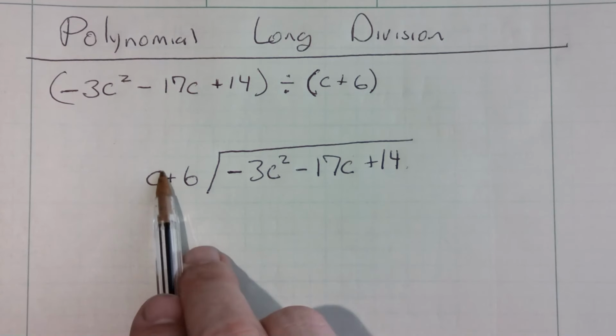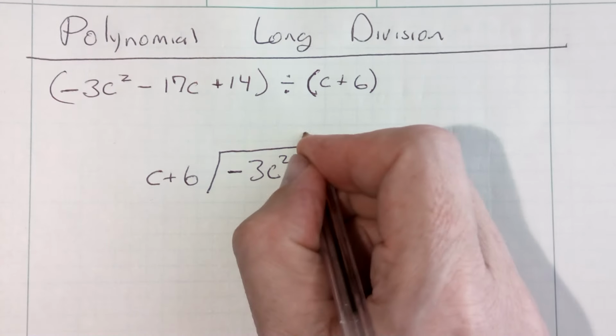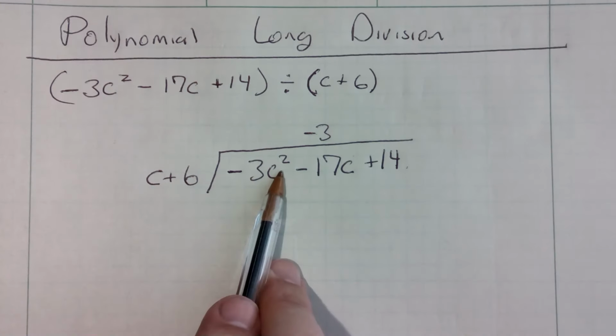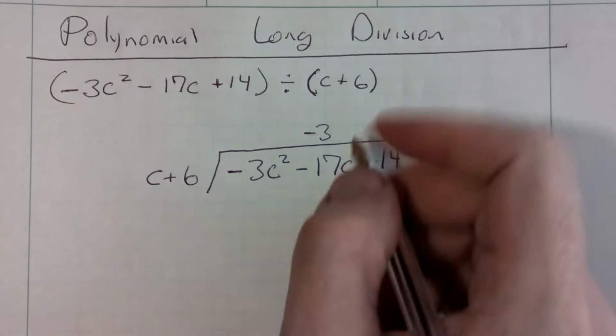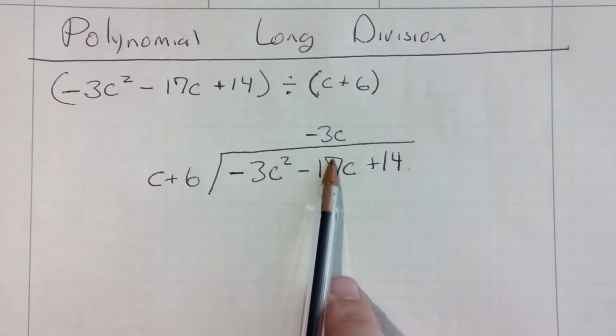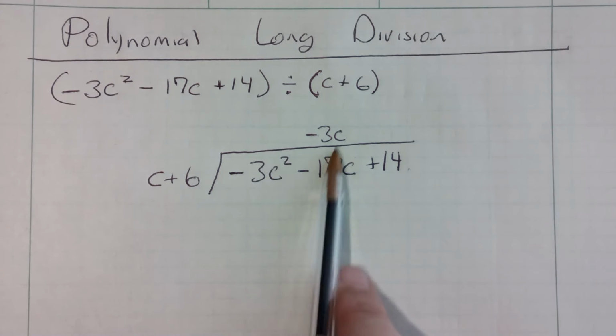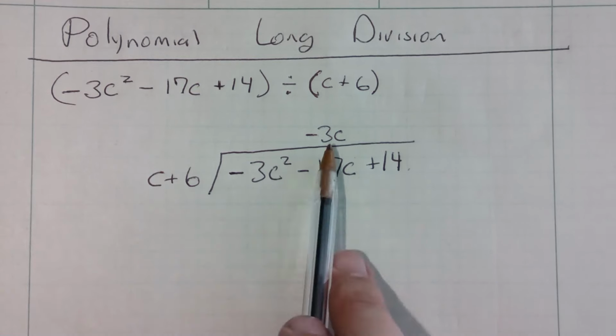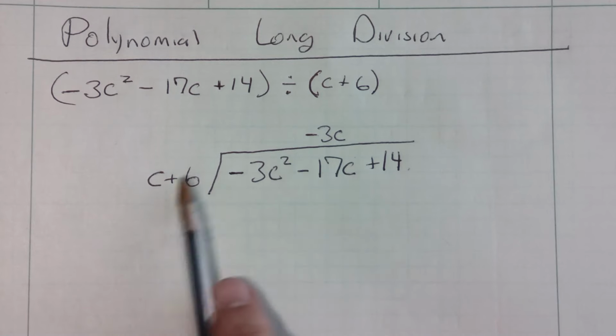So I need to multiply this c by a negative 3, and I need another c. I need a c squared where I only have a c, so I'm going to do a negative 3c. If you'll notice, I lined up this term that has a single c with this term. It just helps keep everything lined up. But that's what I would multiply the c by.